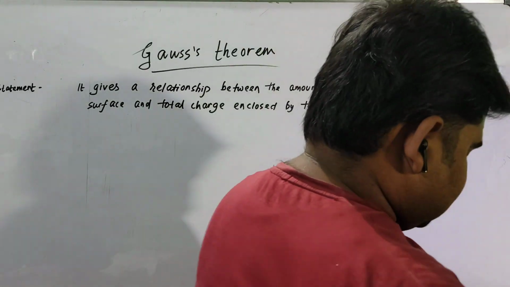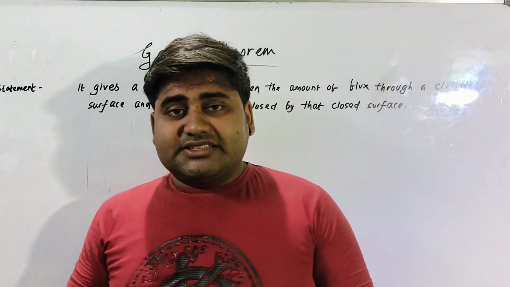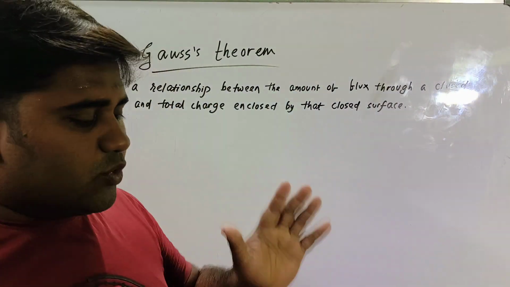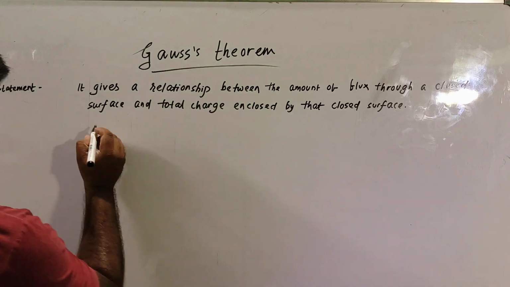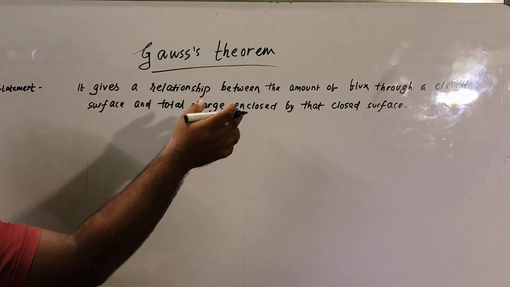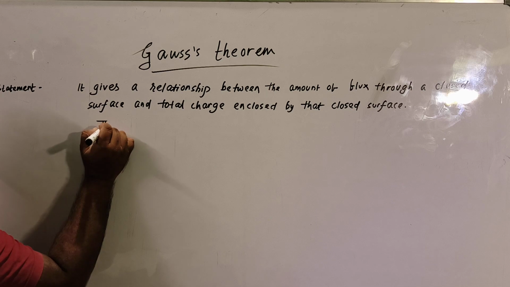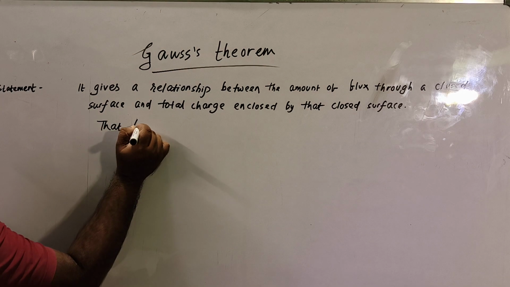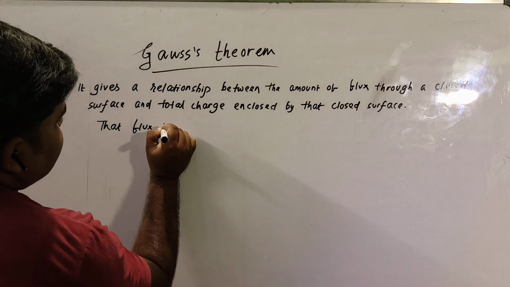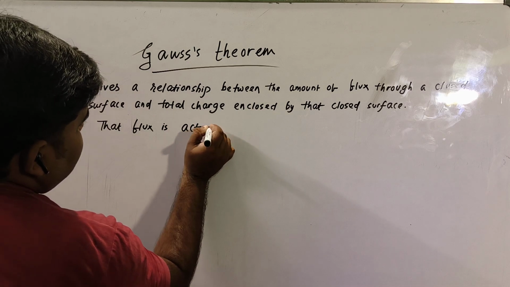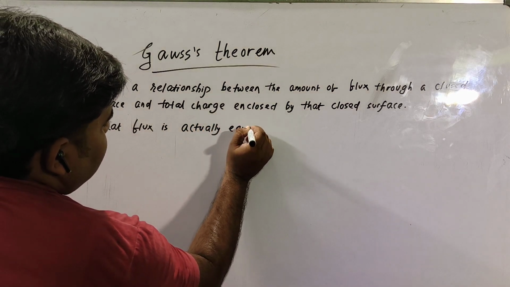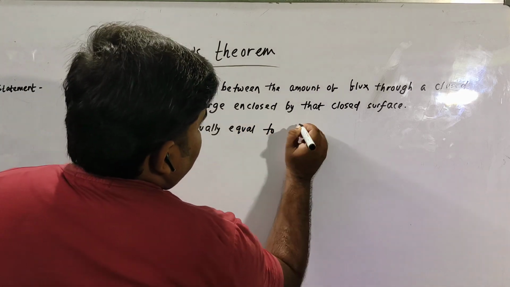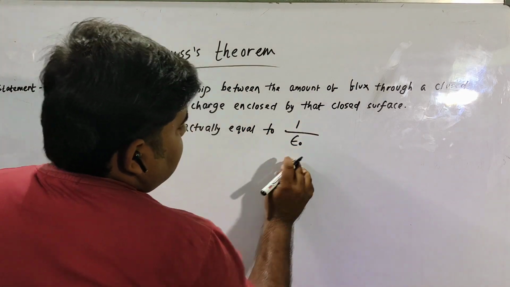So what is that relation? The statement says it gives you a relationship, but what is that relation? It says that flux is equal to 1 by epsilon naught.